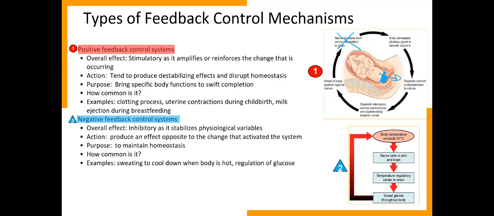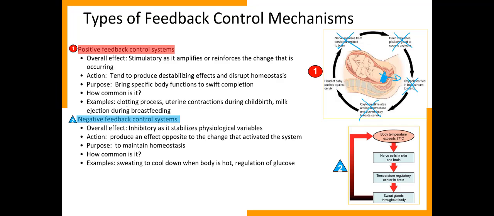When the nerve impulses from the cervix stop being sent to the brain, oxytocin stops. And when oxytocin stops being secreted, it doesn't go through the bloodstream, and the uterine contractions stop shortly after the baby's born, right? The aim of the positive feedback control system, in this case, is to ensure that the baby's born.